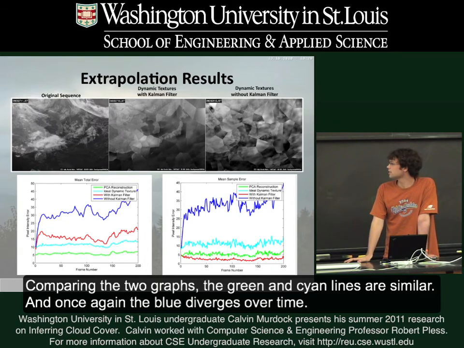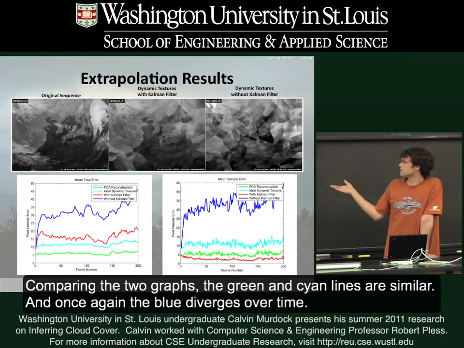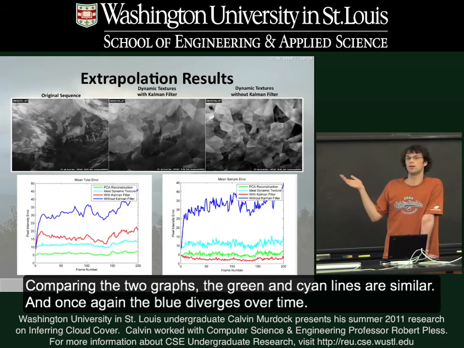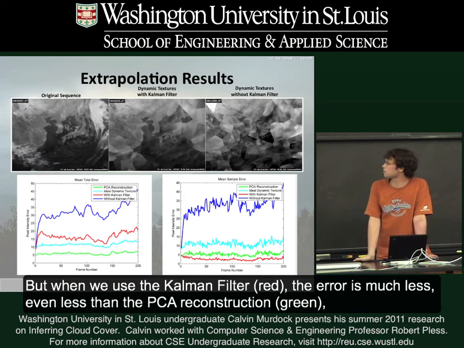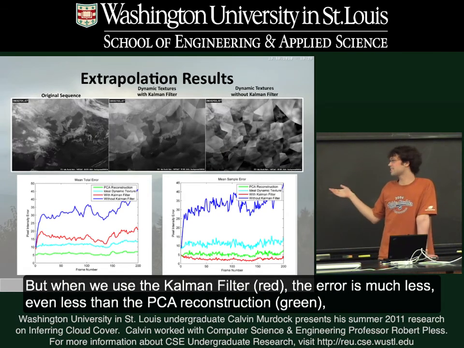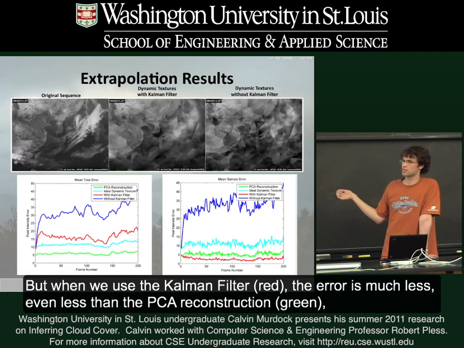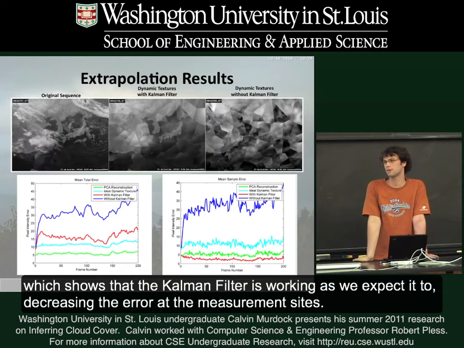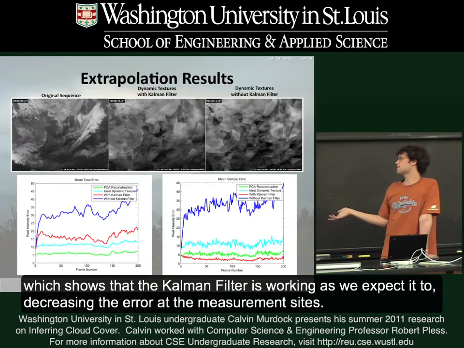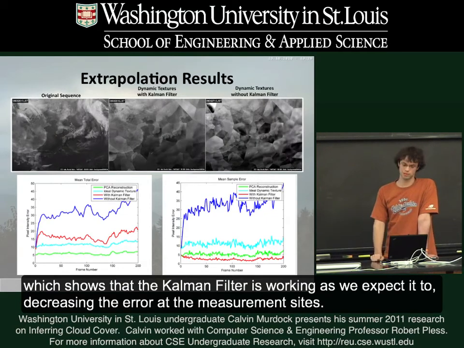As you can see, the green and the teal lines are relatively the same, and the blue again diverges consistently over time. But when we use the Kalman filter, you can see that the error is much less, even less than the PCA reconstruction, which shows that the Kalman filter is working as we expect it to, in order to decrease the error at the measurement sites.